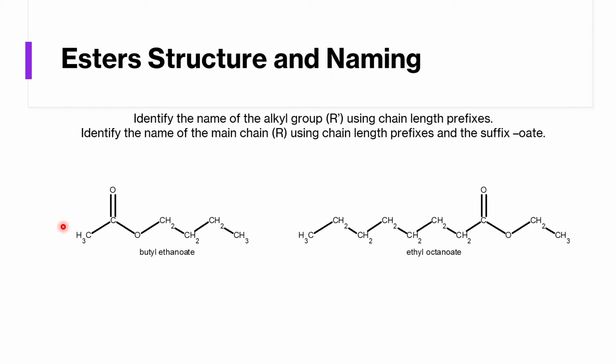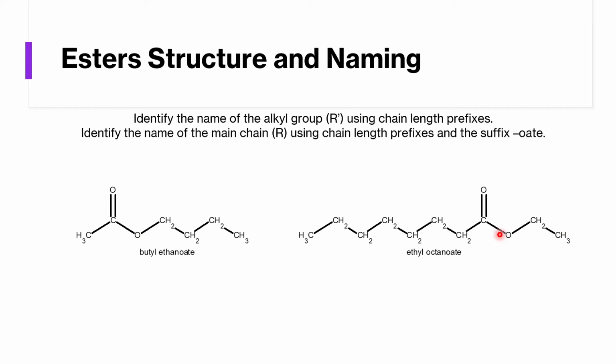So in our first example here, we can see that the alkyl group has 1, 2, 3, 4 carbons, meaning that we start with the term butyl. We then have a main chain that is 2 carbons long, therefore that is referred to as ethanoate. So eth for the 2 carbons, and because there are single bonds, -oate as our suffix to say that we have an ester functional group which is present.